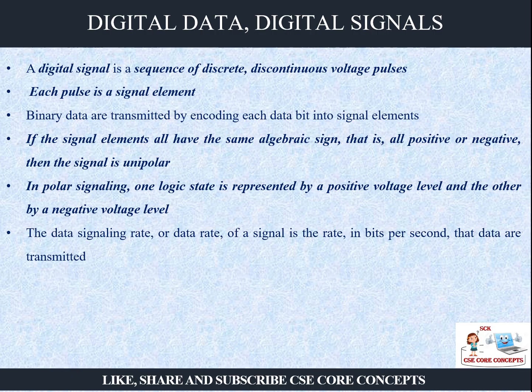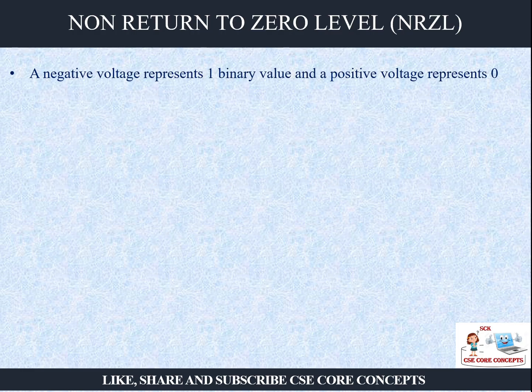In a polar signal, one logic state is represented by a positive voltage and the other by a negative. Let's say 0 can be represented by a negative and 1 by a positive. And the data signaling rate, or the data rate of a signal, is the rate in bits per second at which the data is transmitted. So how many bits are being transmitted per second?